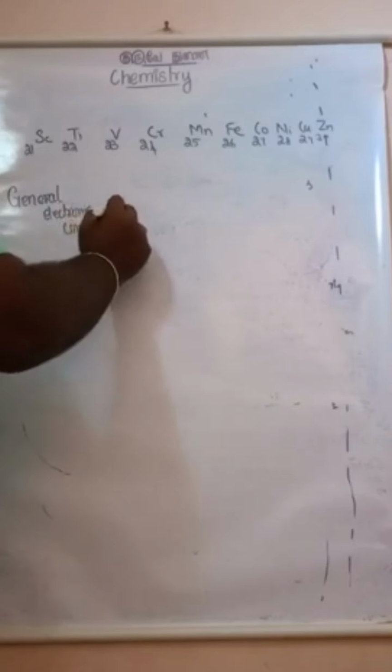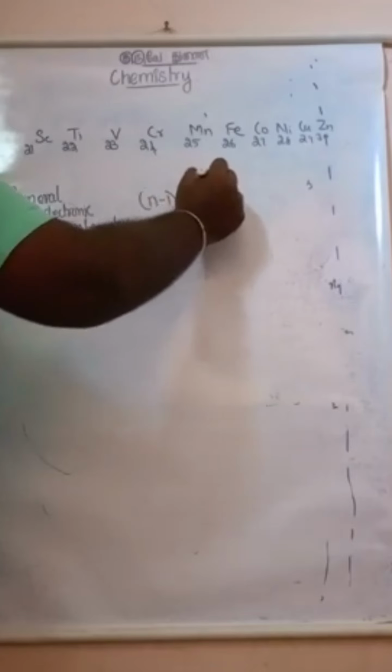Now, how do we write the electronic configuration? The general electronic configuration of a d-block element is (n-1)d1-10 ns1-2: the d subshell of the penultimate shell and the s subshell of the ultimate shell. Very simple.